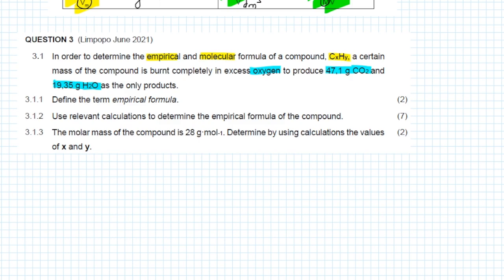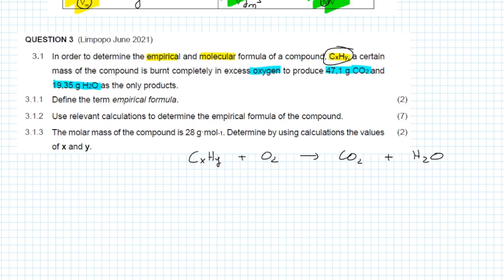So what are we doing? We are saying CxHy plus excess oxygen is going to produce carbon dioxide and water. This is an unbalanced equation because we do not know the actual formula of this compound.